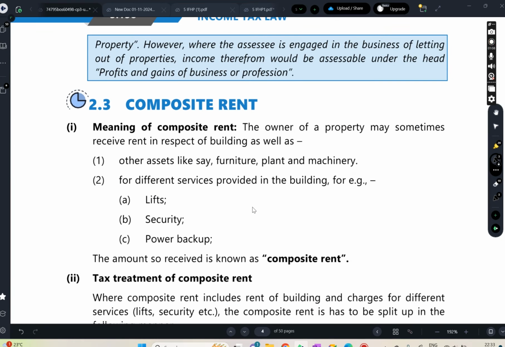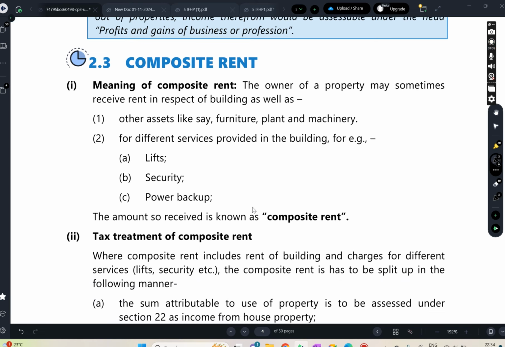Also go to the CS book and, if you have a tax scanner, make sure you complete all the problems from there, because in the ICSI material they have given only 2 or 3 problems at the end of the chapter. If you buy any scanners, they would have given more questions. Make sure that you complete all those things.